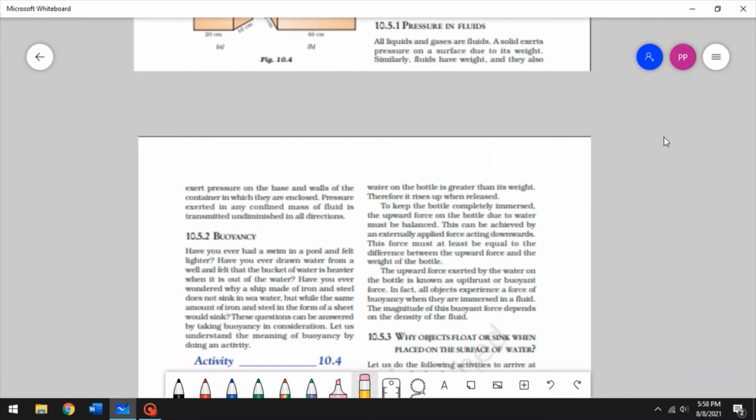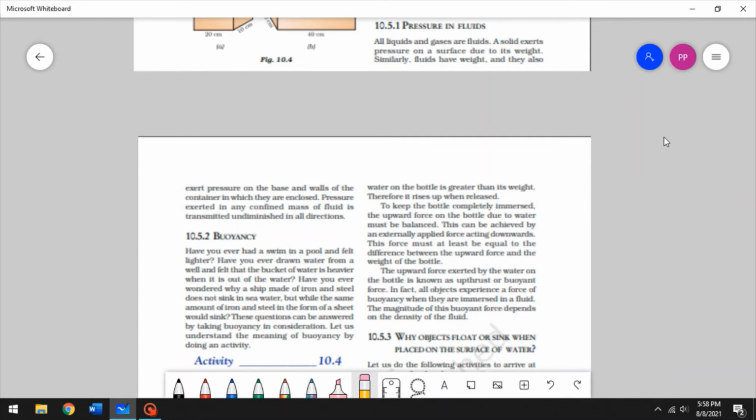That shows us that fluids have weight. Whether it's a gas or a liquid is irrelevant. Granted, gases are lighter than liquids, but gases also have weight. Gases also have mass. That's why fluids also have weight.